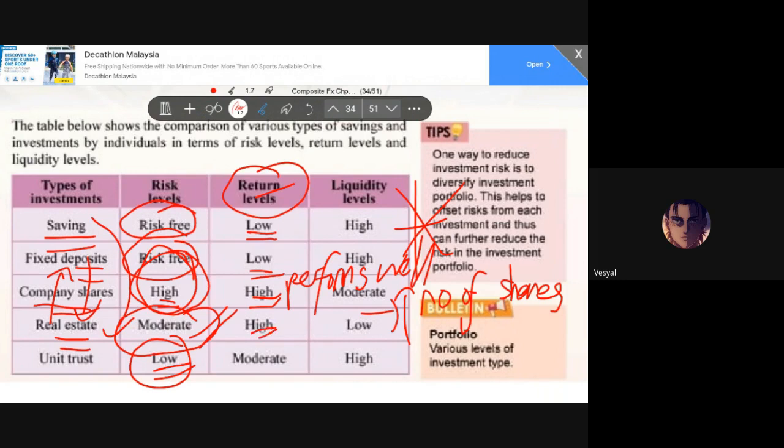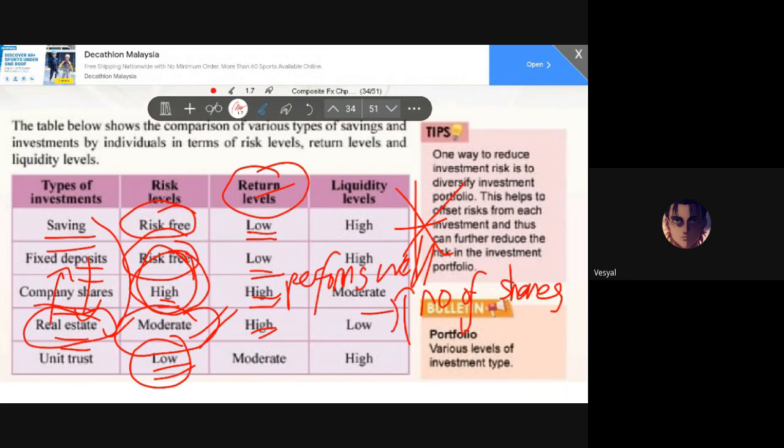because if you look at it in Penang, let's say, if you put certain money inside to buy real estate, let's say, actually the real estate return level is high. Can anyone understand this?